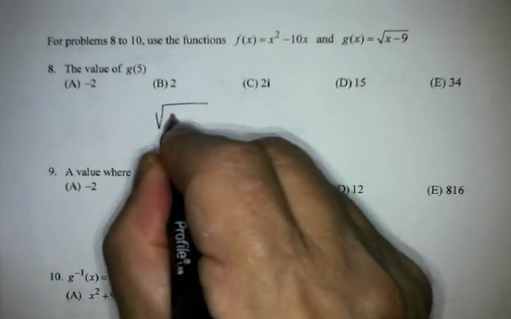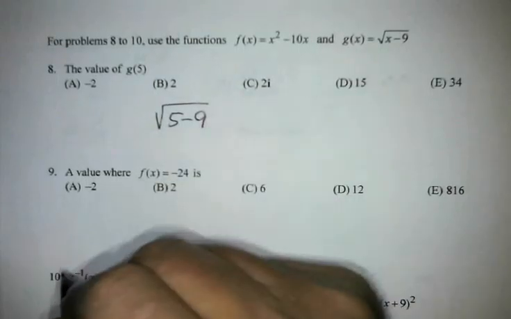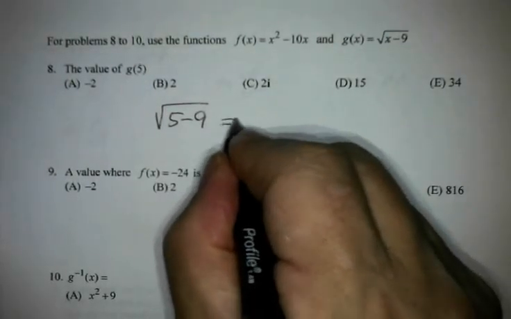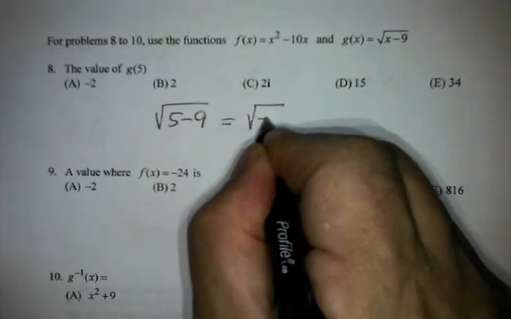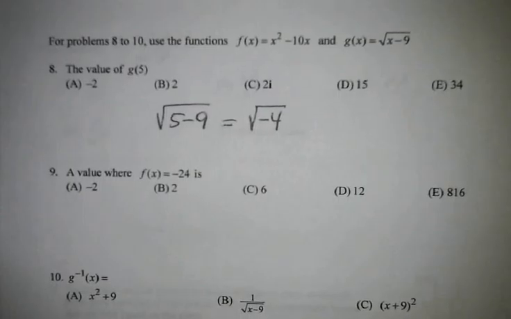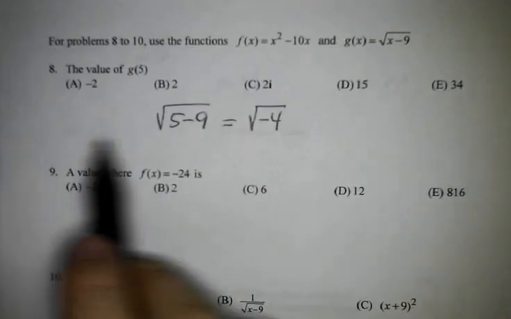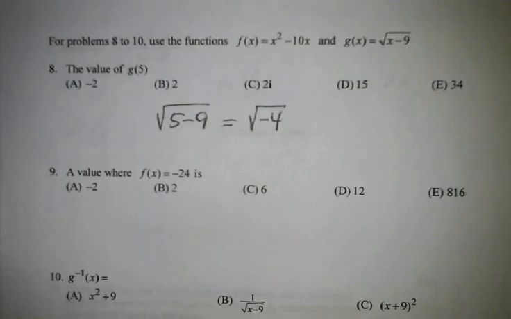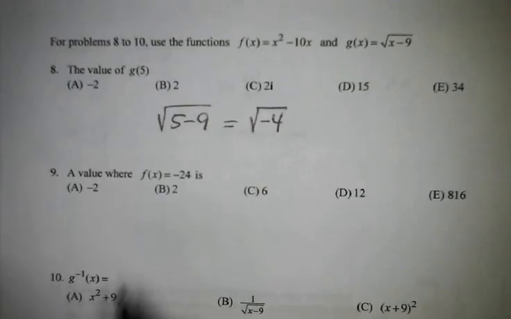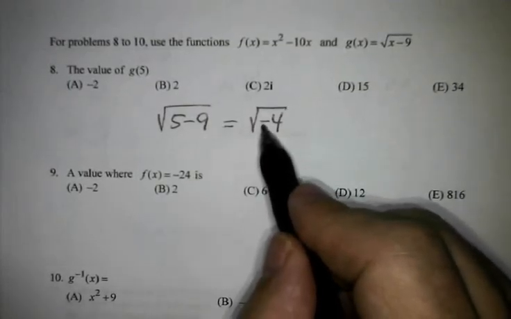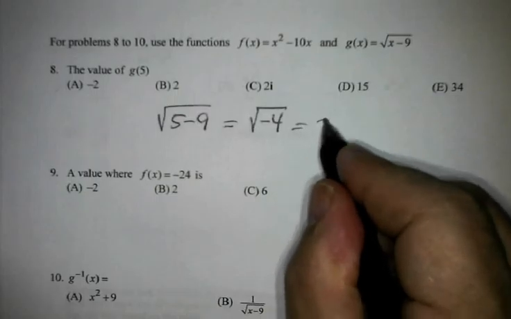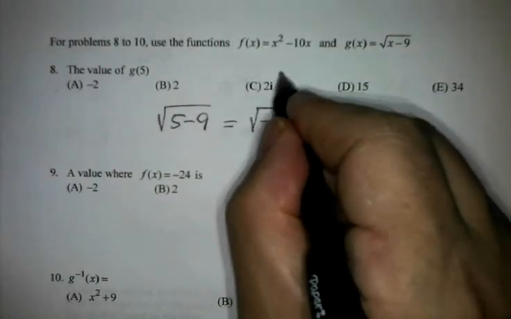I get the square root of 5 minus 9. This equals the square root of negative 4. And this one, because there's nothing where it says no solution, no real numbers, or anything else like that, it means we have to worry about complex numbers. Square root of negative is what's going to give you i. So this equals 2i.